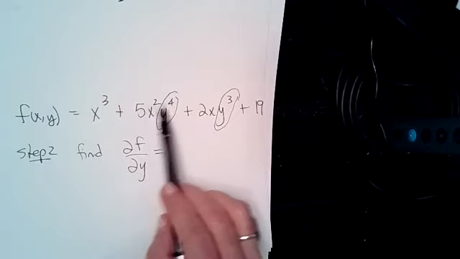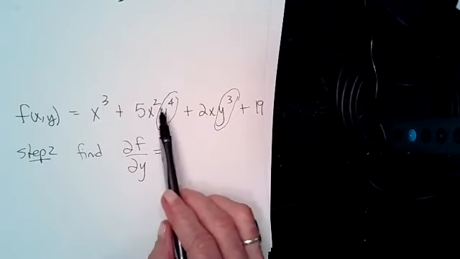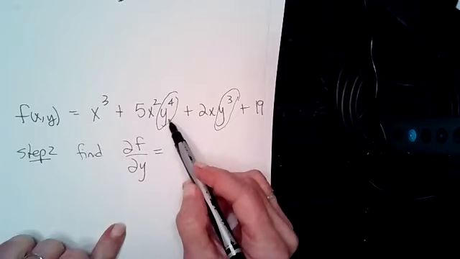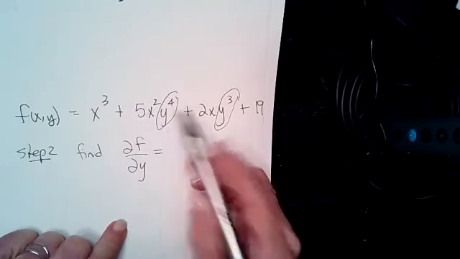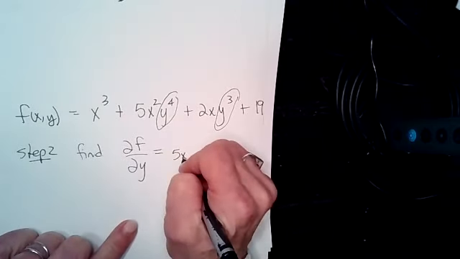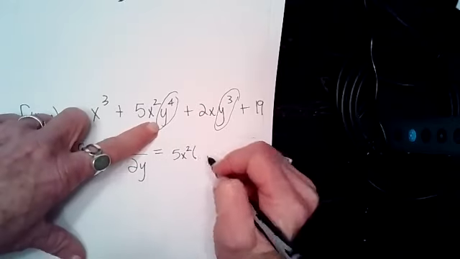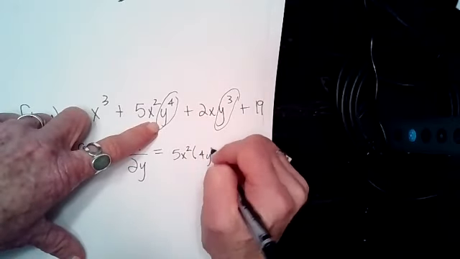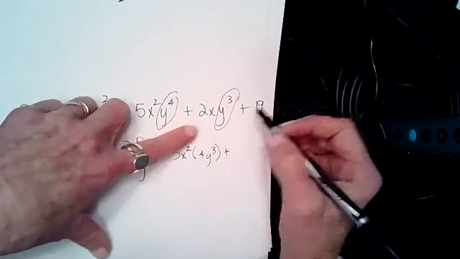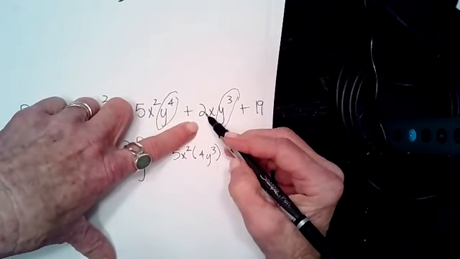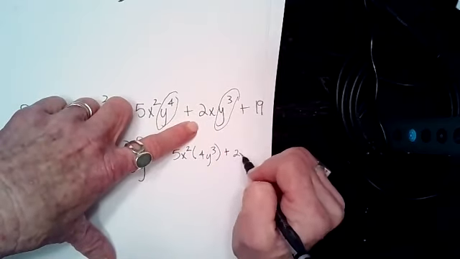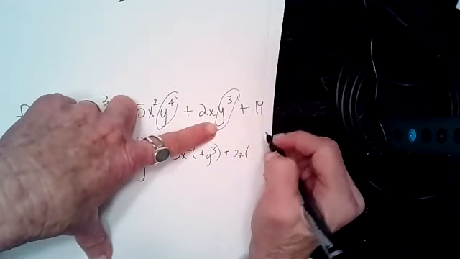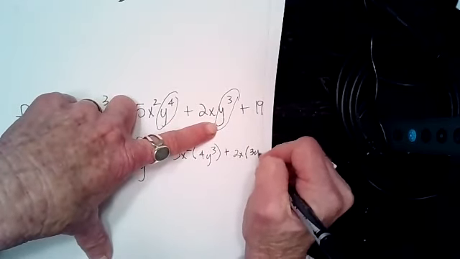But here I've got x, y terms multiplied together. So if I'm going to take the derivative with respect to y, it's the constant term, 5x squared, times the derivative of the y term, 4y cubed, plus, here you go, it's that constant term, 2x, times the derivative of the variable term, 3y squared.